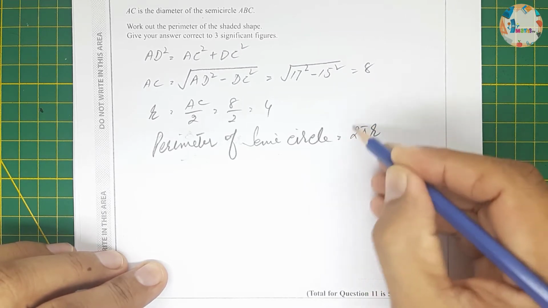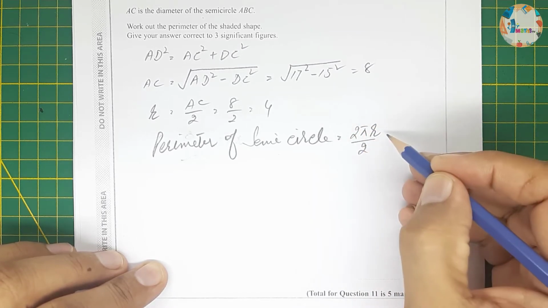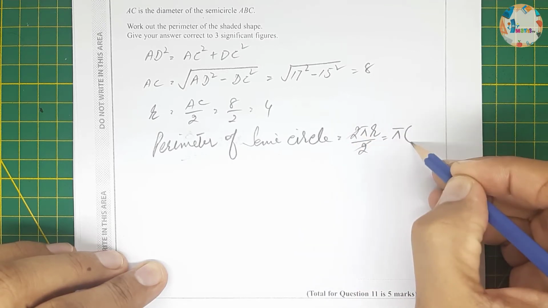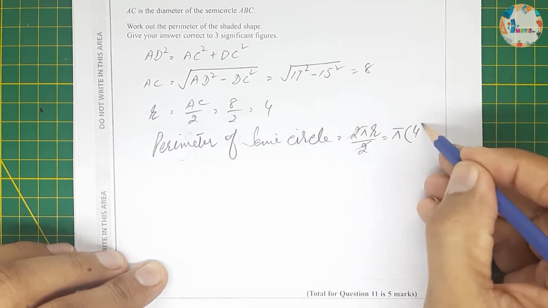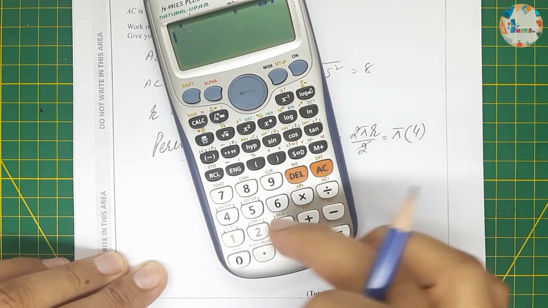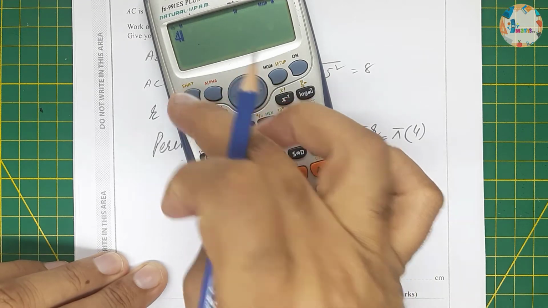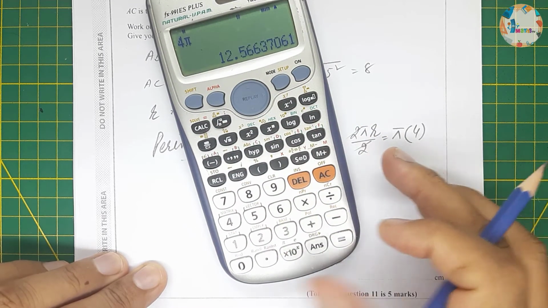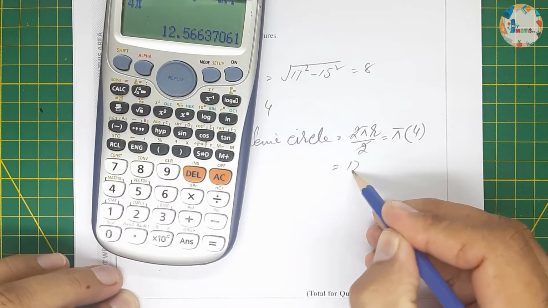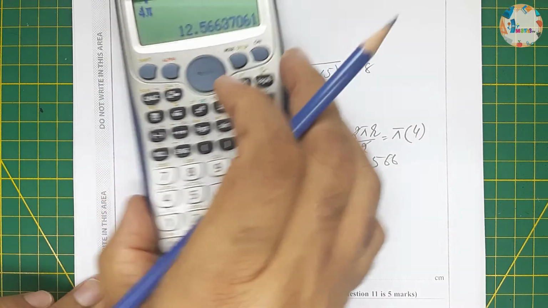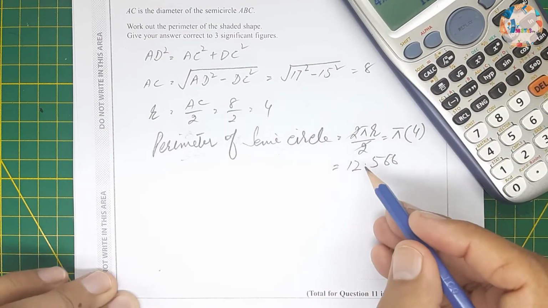This is for a complete circle, so divided by 2, and this cancels, so pi into r, and the r value is 4, so 4 pi, which is equal to, multiplying 4 and pi, 12.566. So I will keep the numbers and we will use this one.